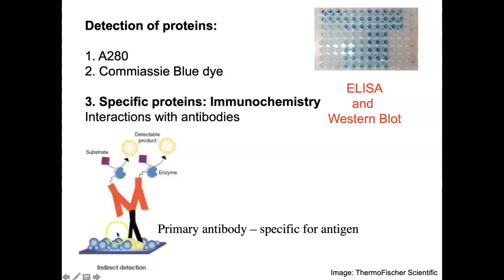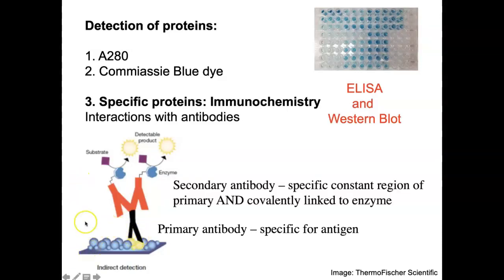But then you still can't see anything because antibodies are also colorless. And so there's usually a second step where you add secondary antibody, and that one is specific for the constant domain of the previous antibody.